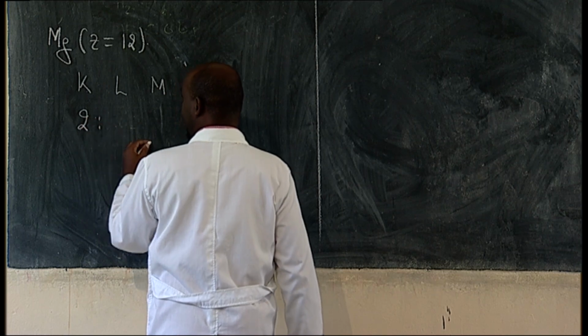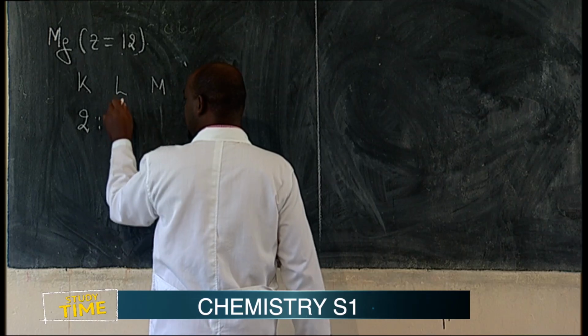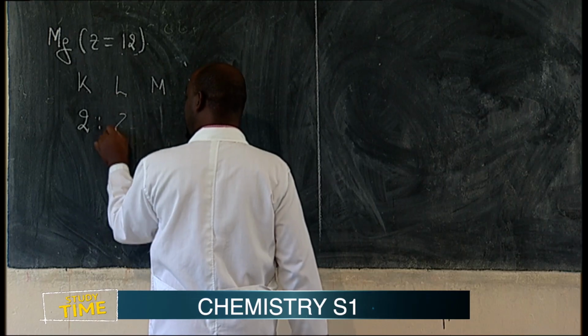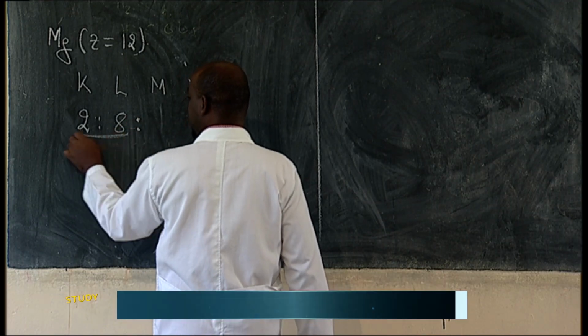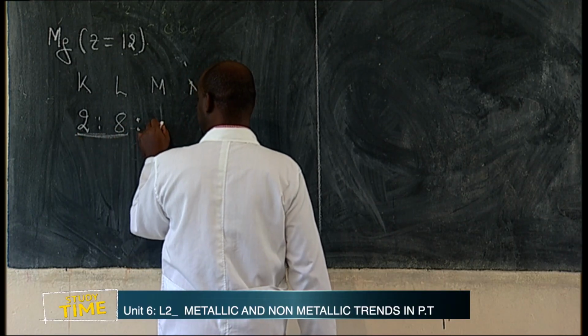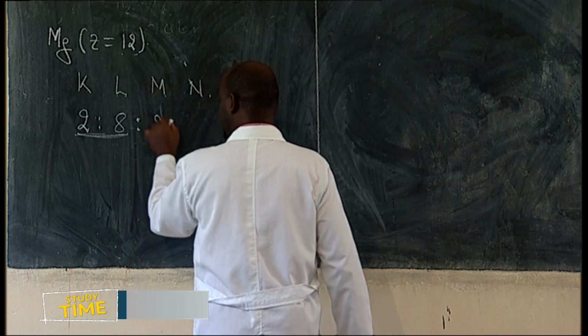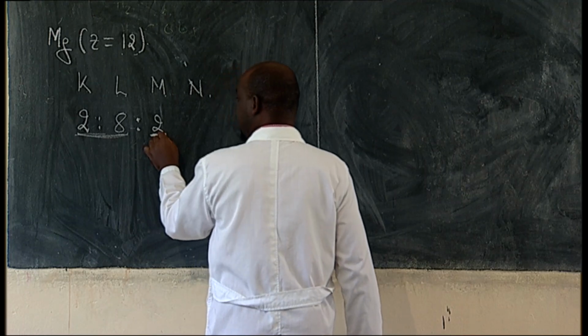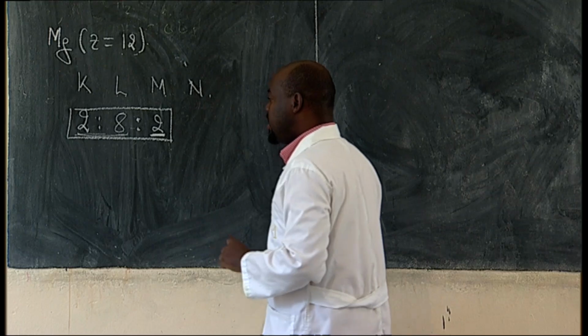So we have 2, and after writing 2, we are remaining with 10. The second can have a maximum of 8. And after using this 8, what remains is 2. So in the third, we have 2 electrons. This is the electronic configuration of magnesium.